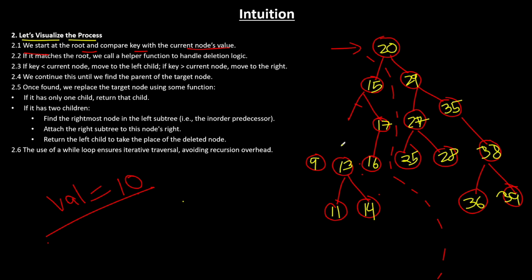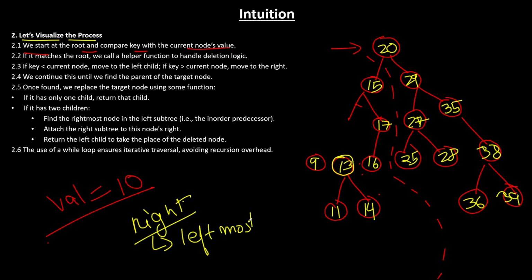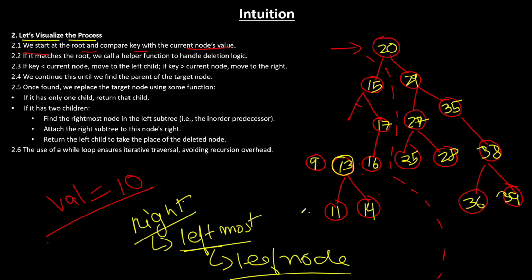What you will do is come to this particular part of the tree, 13, and go to the right subtree, then go to the leftmost node in the complete tree. Basically, that will be the leaf node. So if you come to the right subtree and go to the leftmost leaf node of that tree, you will reach here.